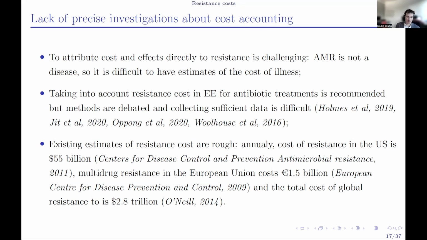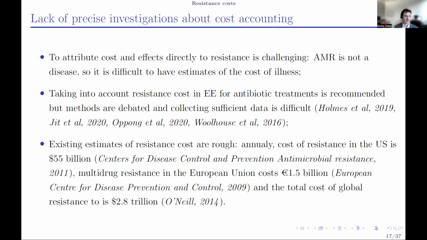But of course, I'm not the first one thinking about this problem. I saw in the literature that there are many guidelines and many suggestions about how we should include the antibiotic resistance cost in the economic valuation and in public health decisions. One of the problems that is always mentioned is the lack of precise and sufficient data, because to be fair, we need a lot of data to estimate precisely the cost of resistance.